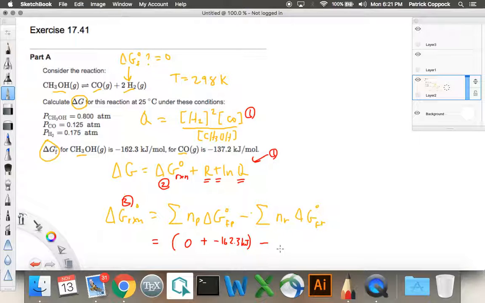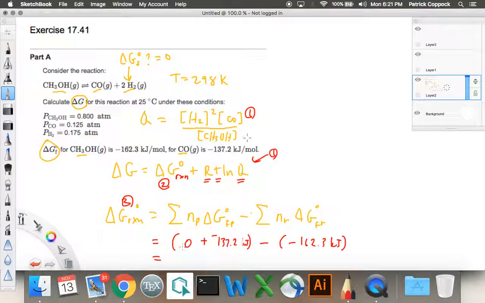Minus all of the reactants, which is only 1 mole, and oops, I have the wrong number in there. This is minus 162.3 kilojoules. That would have been costly. We'll leave that in kilojoules. The other one is 137, minus 137.2.